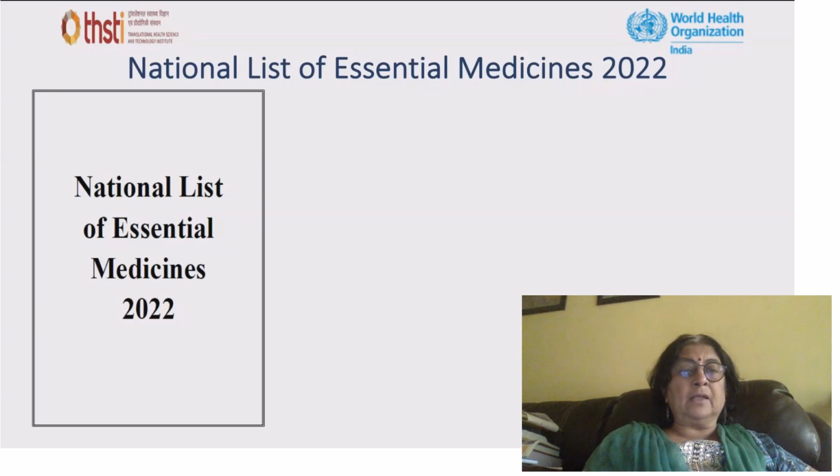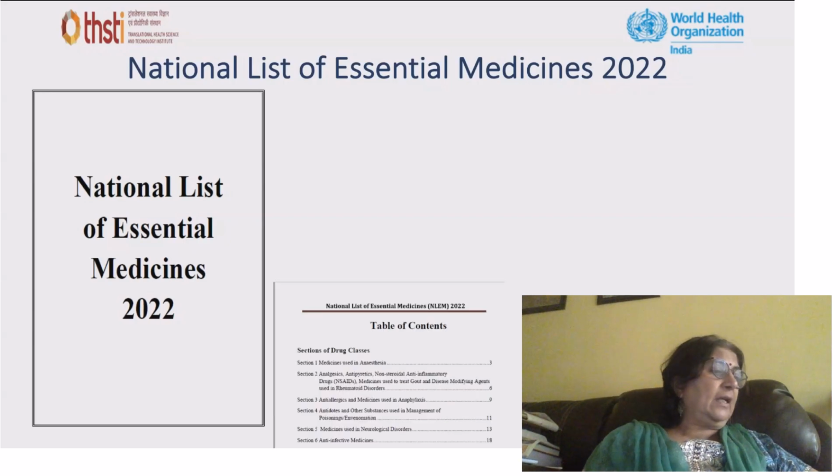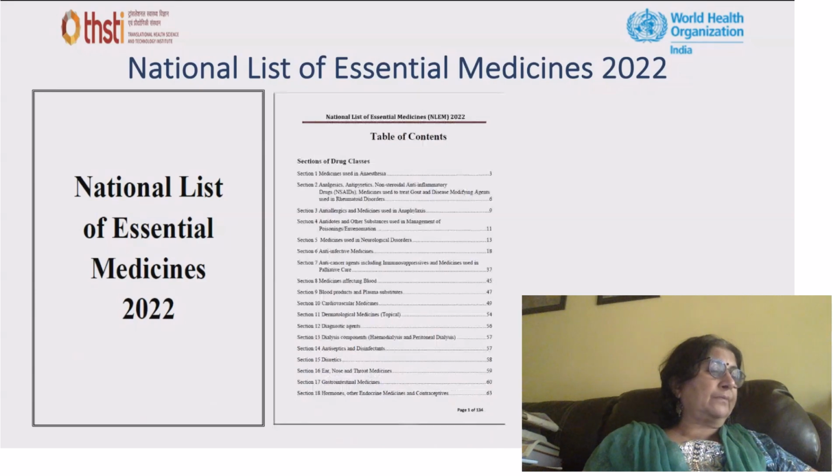The National List of Essential Medicines in India was published first in 1996 and has been revised thrice subsequently, in 2003, 2011 and 2015.